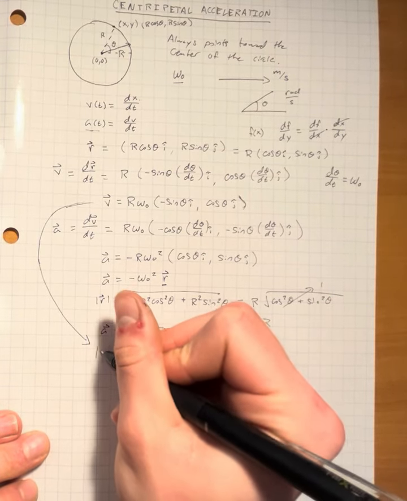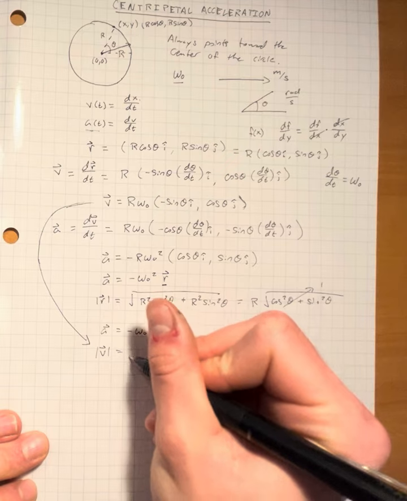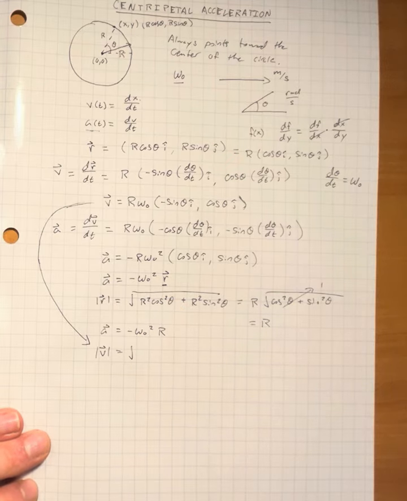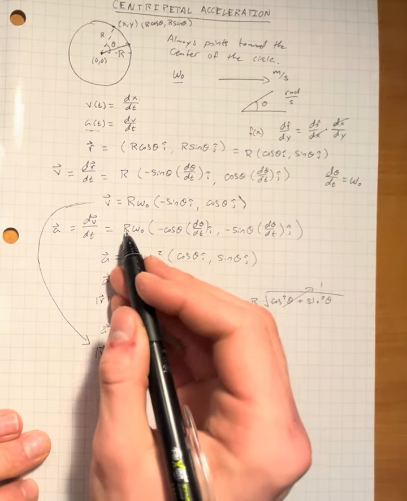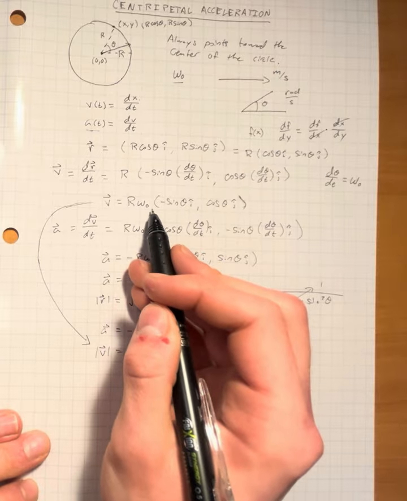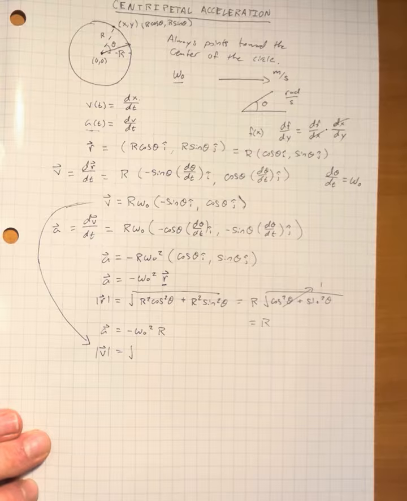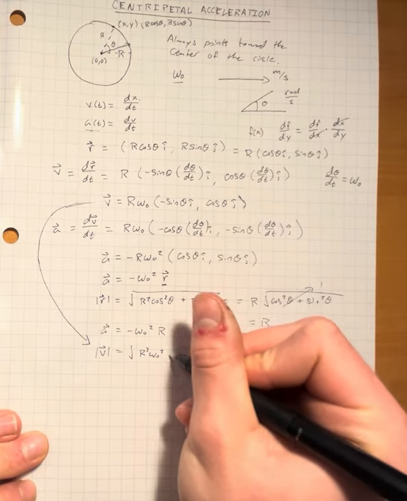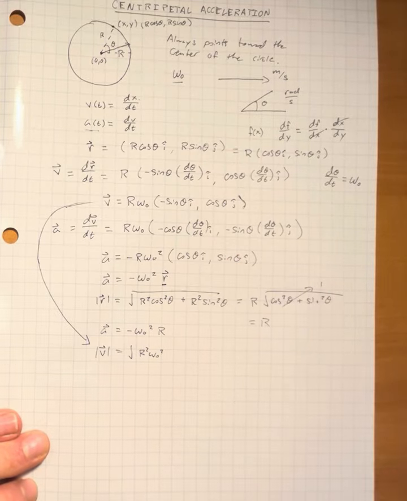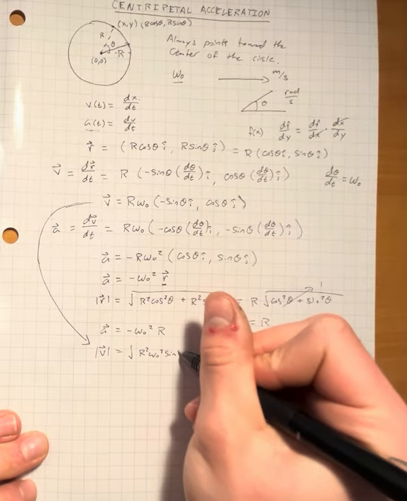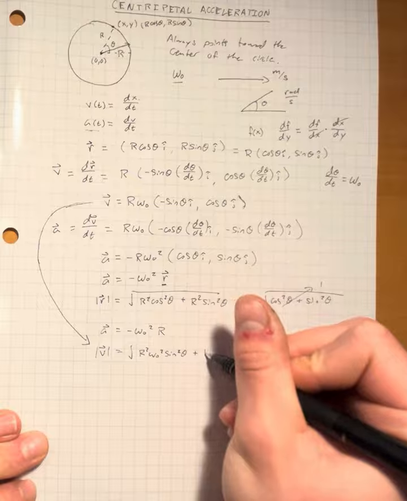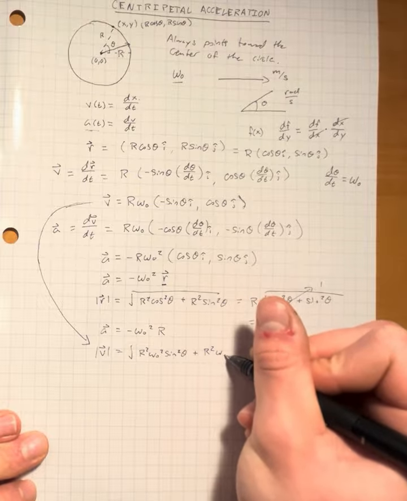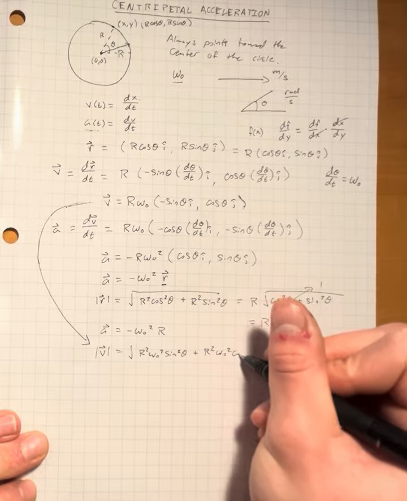We're going to say that the magnitude of v is equal to the square root of the x squared plus the y squared. So I'm going to, once again, distribute the r omega naught out into both components, and that's going to be the square root of r squared omega naught squared, negative sine theta, all squared, which is just sine squared theta because the negative cancels out, plus r squared omega naught squared cosine squared theta.